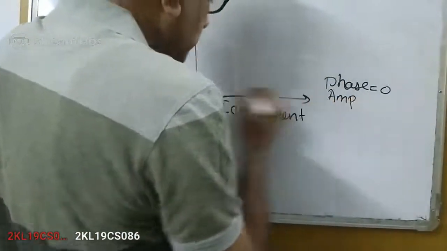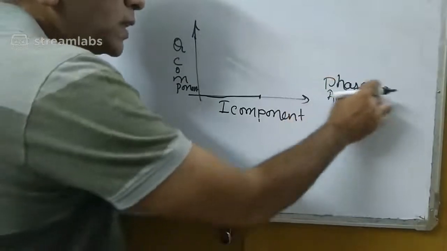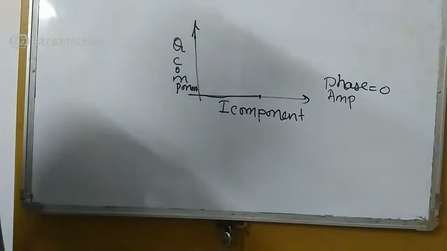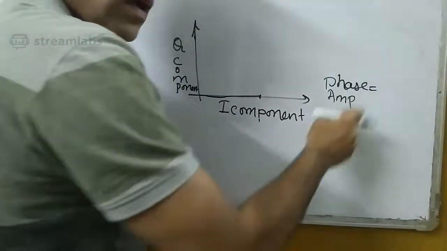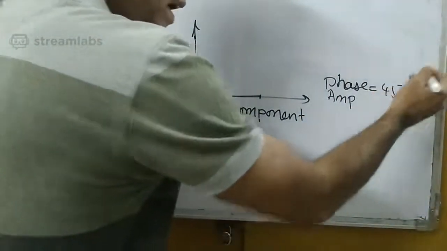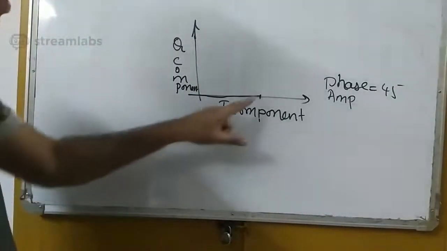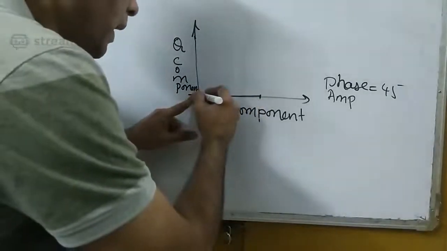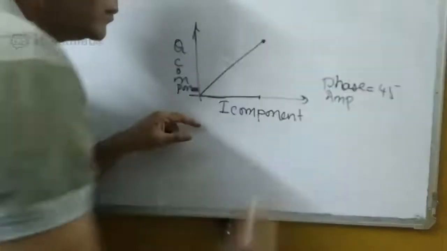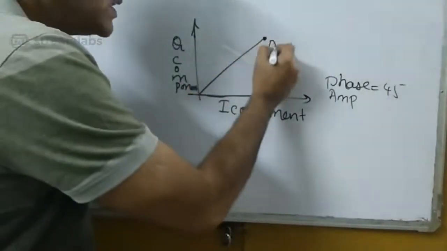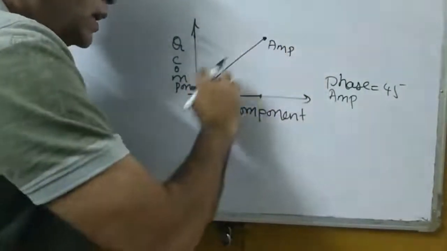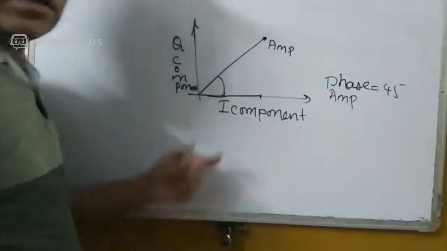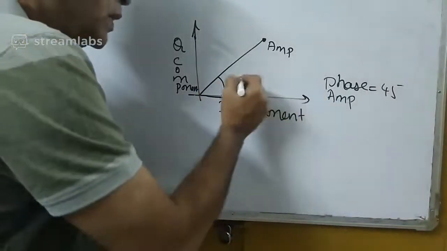Amplitude decides its length, and since phase is 0, it has to be on the x-axis. Now if phase is anything other than 0, say 45 degrees, then this amplitude will make some angle with this reference. This length represents the amplitude, and this angle which it makes with the x-axis represents your phase.